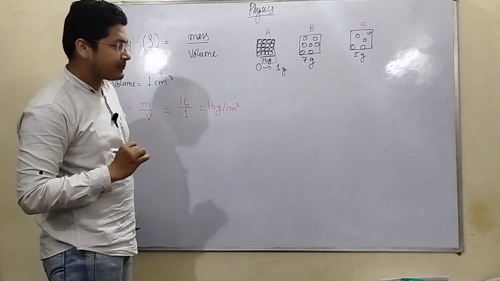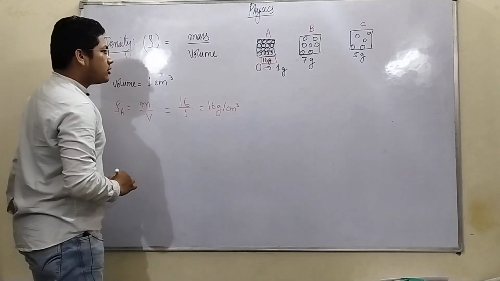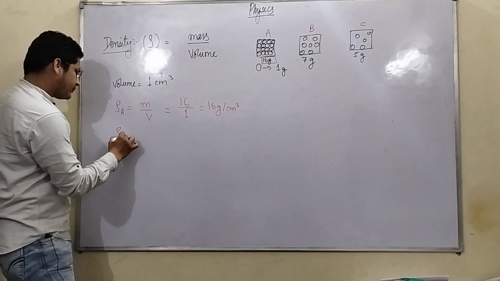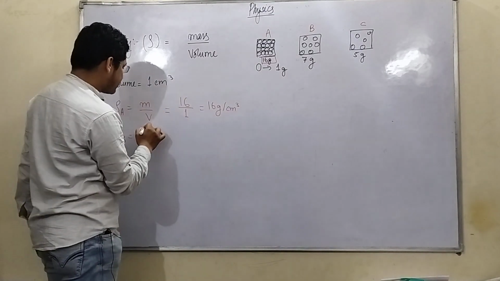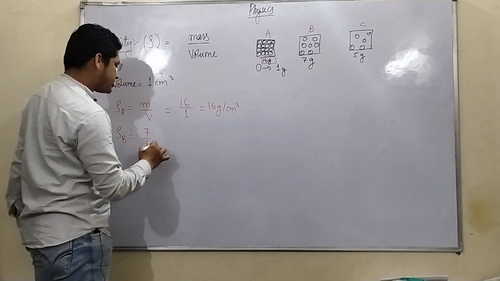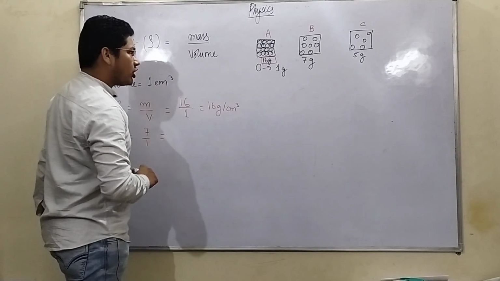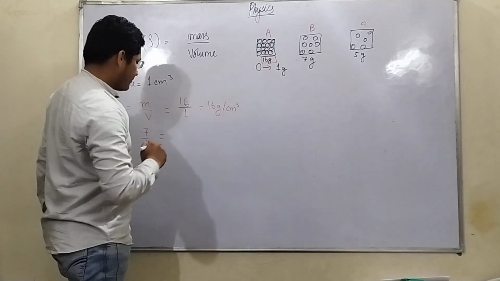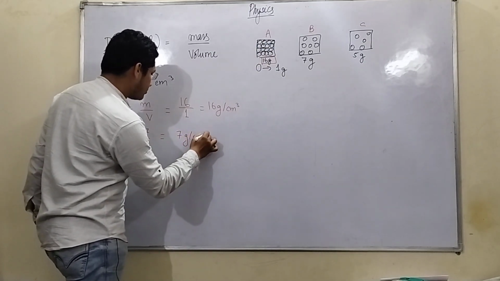Are you getting it? Now beta, if we calculate the density of box B, so mass per unit volume, in this mass is 7 gram, volume is 1 only. All the boxes are similar. So in this it will come 7 gram per centimeter cube.